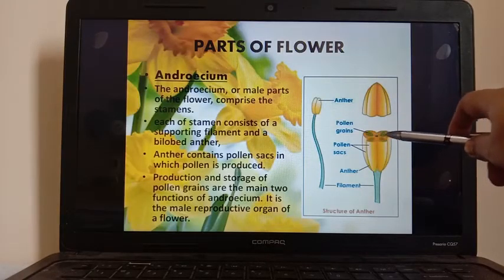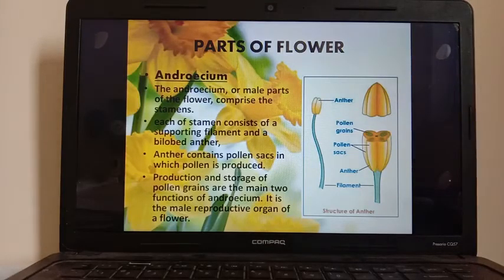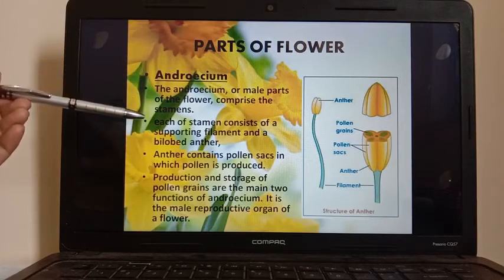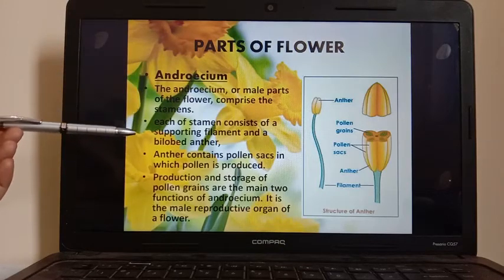Here you can see green colors. These are the pollens. So pollens are present in the pollen sacs that are present inside the lobes of the anther. So each stamen consists of a supporting filament and a bilobed anther.